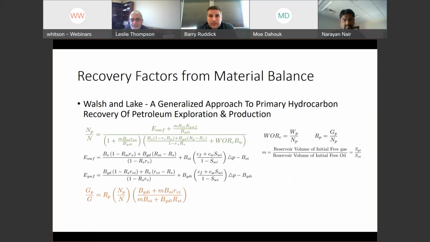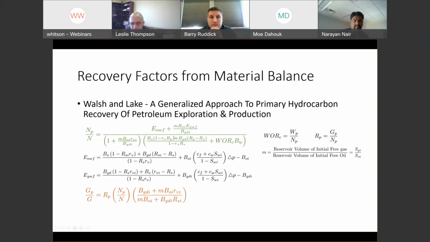Well, there's a really good book that I like by Walsh and Lake that discusses these volatile systems. And he has a chapter in there on material balance, and he also shows that for these reservoirs, the recovery factor of oil and of gas, at abandonment pressure, are functions of the PVT properties at abandonment pressure.